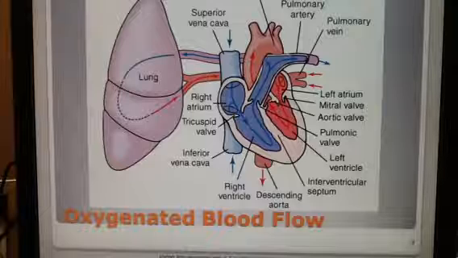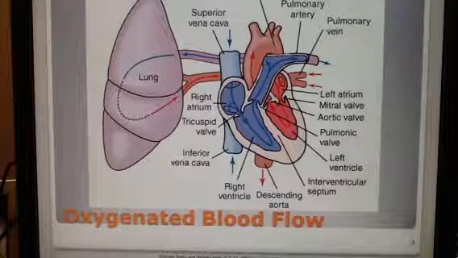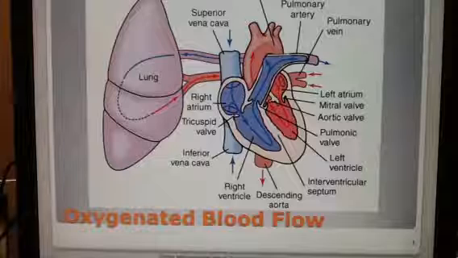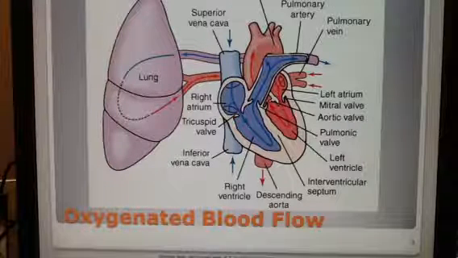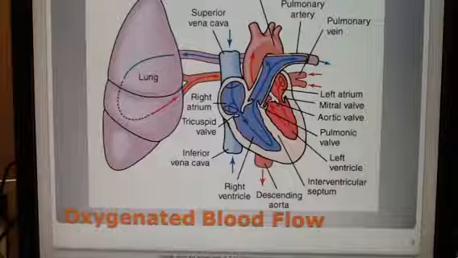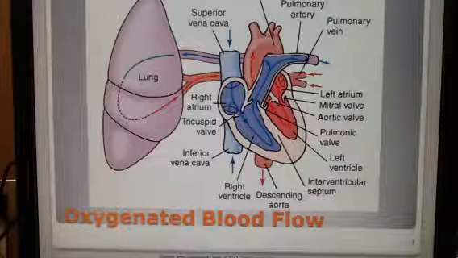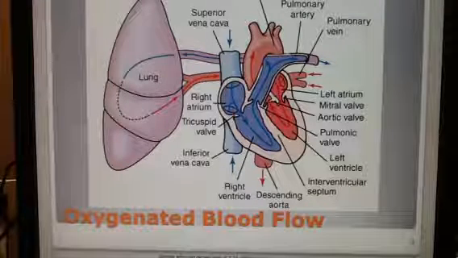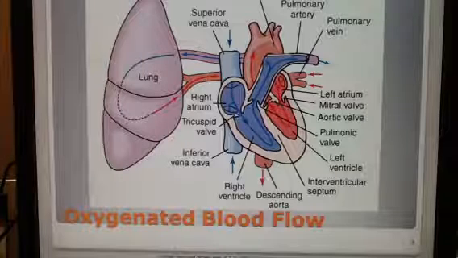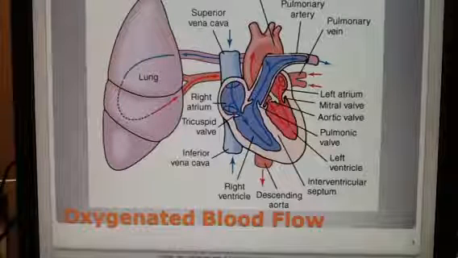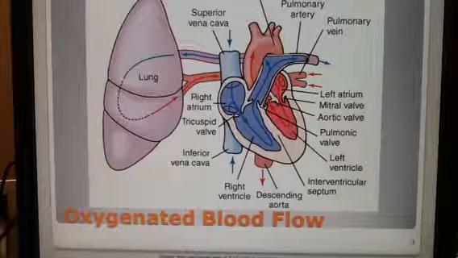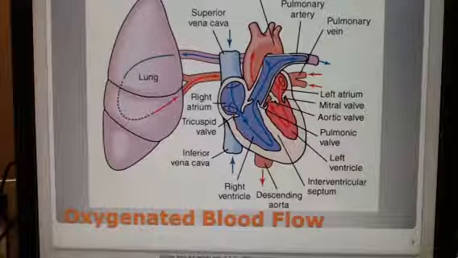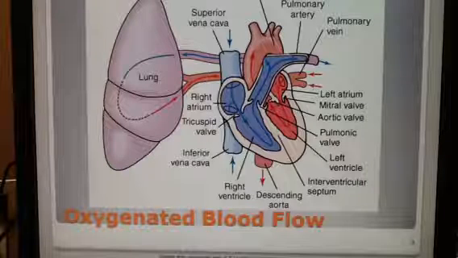That process, going from the right atrium through the tricuspid valve into the right ventricle, into the pulmonary artery, up through the lungs, and then back through the pulmonary vein, is pulmonary circulation, going through and getting oxygenated.